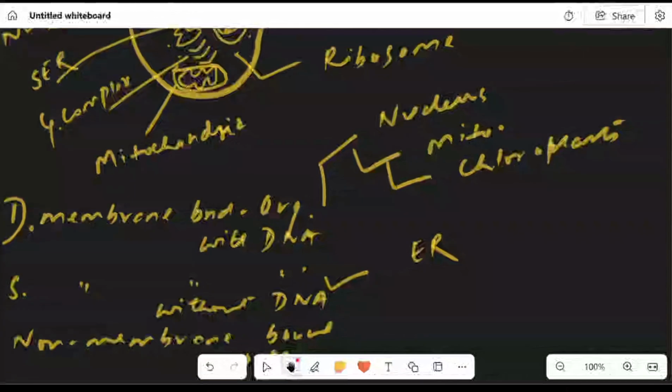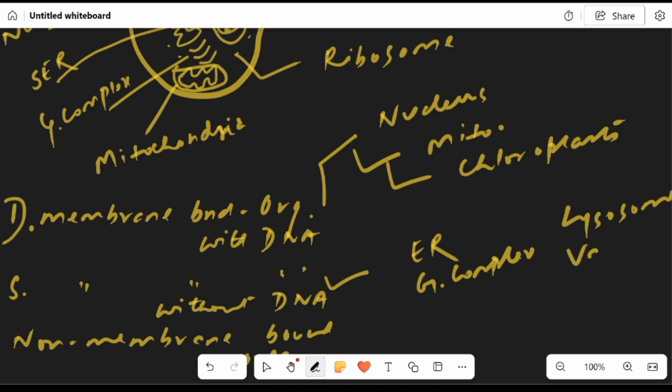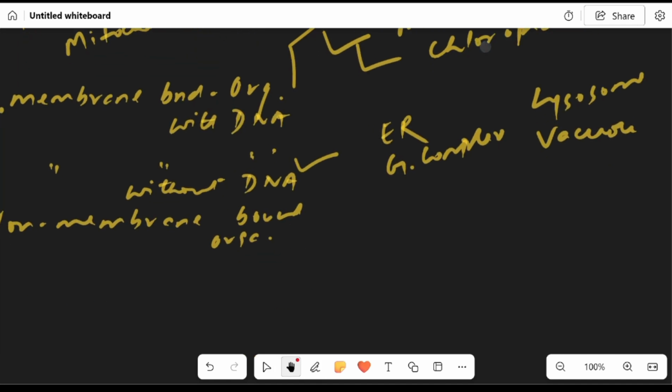Then we have Golgi complex, lysosome. Then we have vacuole, etc. Non-membrane bound organelles, without any membrane, that's ribosome. And in animals we have centrosome.